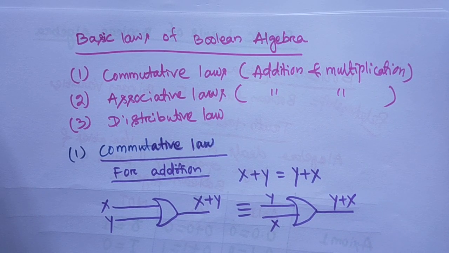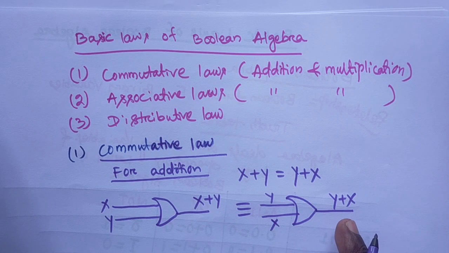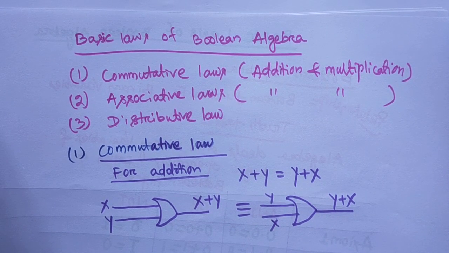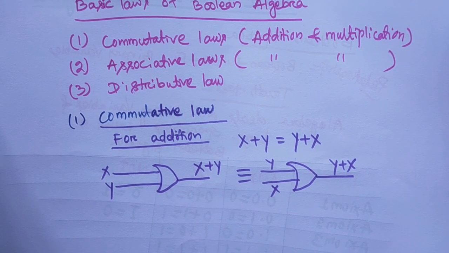Both are equal: x OR y, that is x plus y, is equal to y plus x. This is for addition, so the OR gate we take.